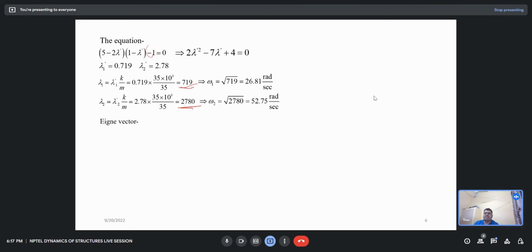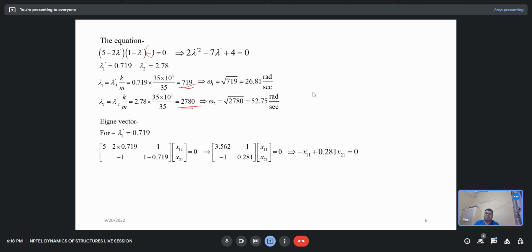If we go for the eigenvectors, for lambda 1 dash equal to 0.719, you can directly put lambda also, but I have simplified this equation so that it is easy for me to calculate manually. After solving this equation, I will write the first equation, because these two equations are the same.